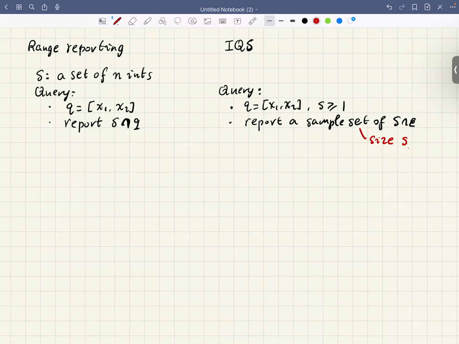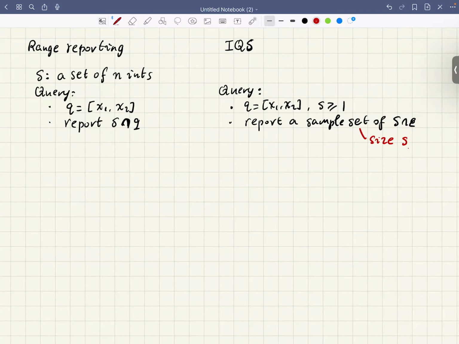When it comes to such kind of statistical analysis, you don't really need the whole population, right? Say you want to do a survey on how many people support Donald Trump, how many people support the other candidate. You don't really call everybody, right? So you basically call about 1,000 people, right? That will give you very high confidence intervals, right? So all these reasons are behind this IQS.